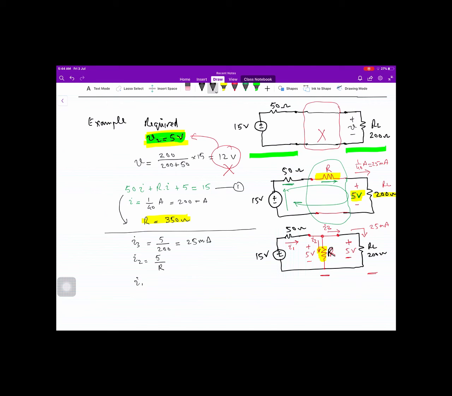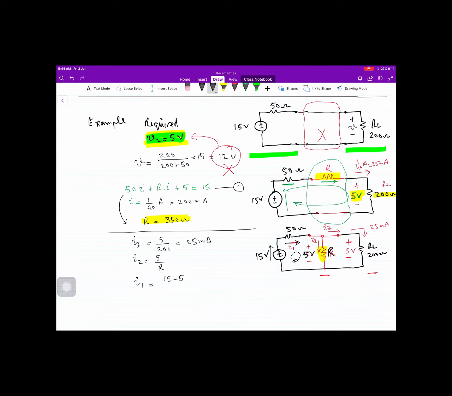So what is I1? Looking at the circuit diagram, if we see the loop over here, this I1 is 15 minus 5, because we know the voltage over here. So this is voltage rise and this is voltage drop.